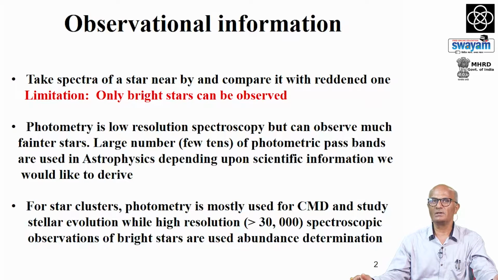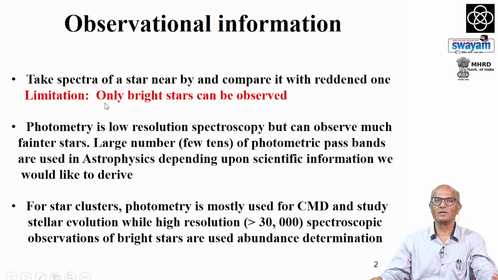That nearby star has no reddening, so it is like an unreddened star, whereas a reddened star will have interstellar absorption effects. When we compare these two spectra we can find out the attenuation due to interstellar matter.